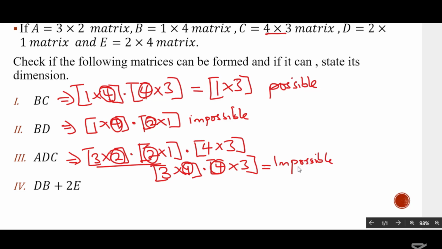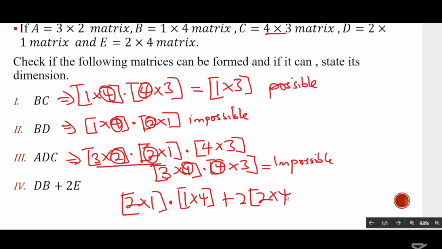That is great. Now let's check the last one here. We have DB. So D is 2 by 1, then B is 1 by 4, then plus 2E. Where is E? E is 2 by 4.